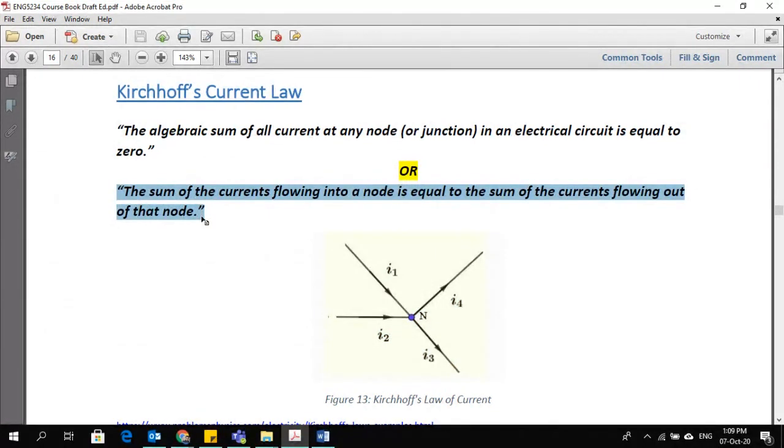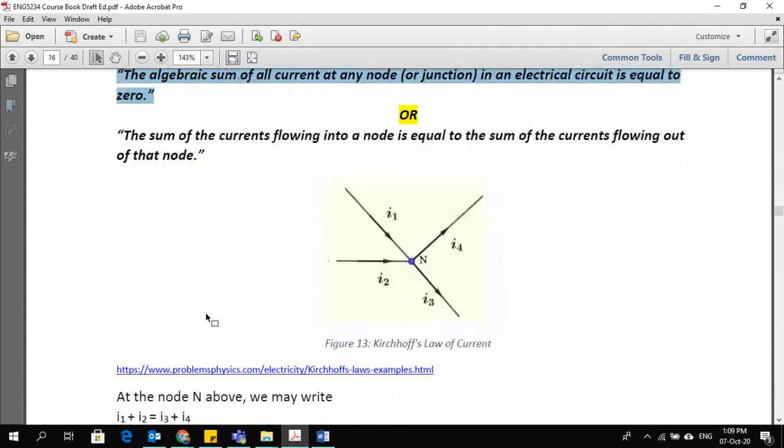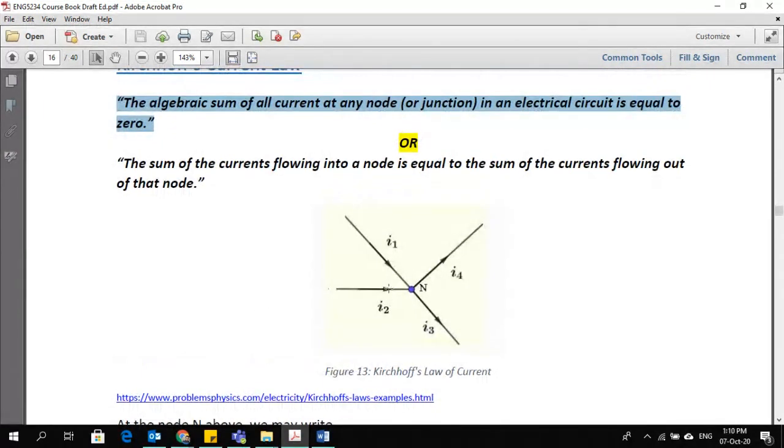Or we can say the algebraic sum of all four currents, if you add them together, taking care of their sign, plus or minus, then their total would be equal to 0. I hope it is pretty much clear.